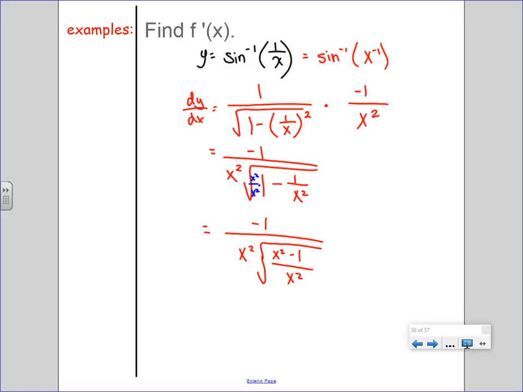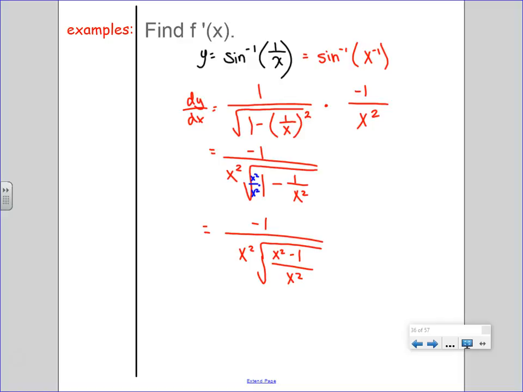Remember, 1/3 plus 1/3 is 2/3. X squared over x squared minus 1 over x squared is x squared minus 1 over x squared. That stays the same. Now, Lauren, this is legal. As long as you don't distribute the square root, it's legal to split up because I can take square root of the top and square root of the bottom.